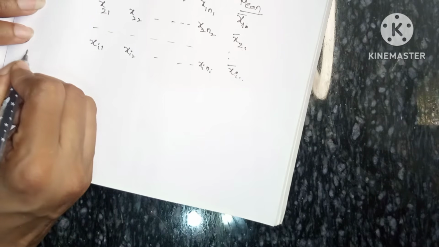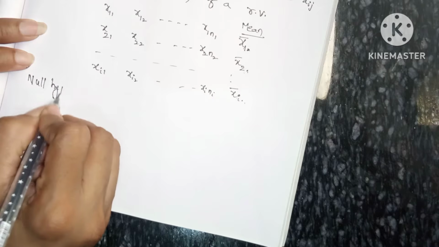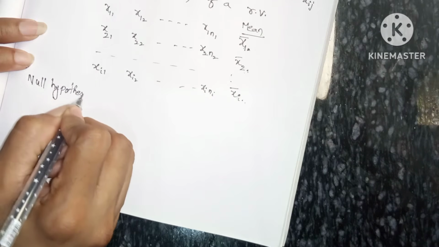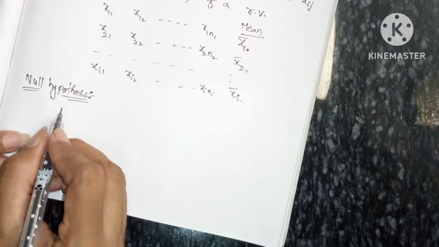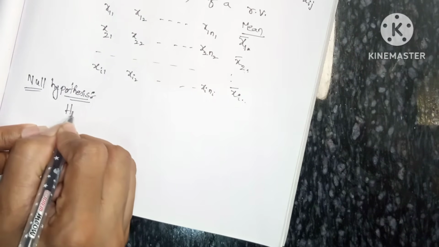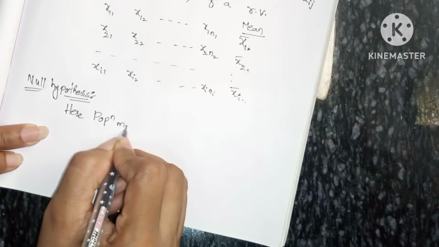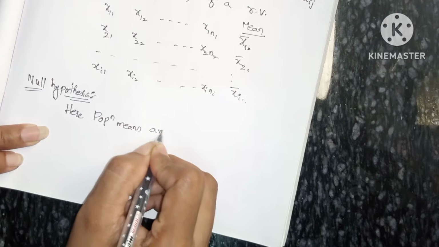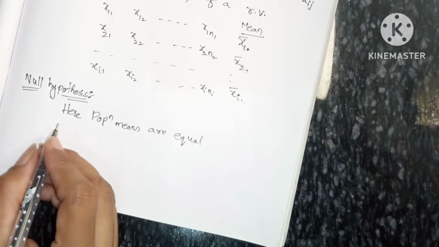Next, null hypothesis. Null hypothesis means here population means are equal. So we are going to consider that population means are equal.